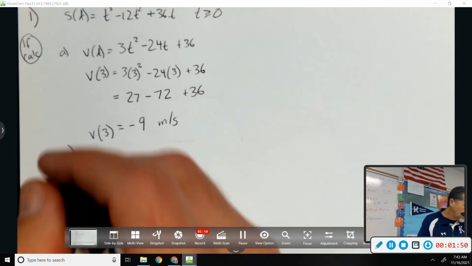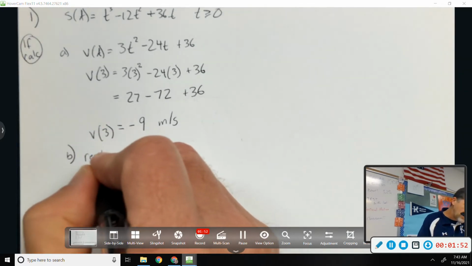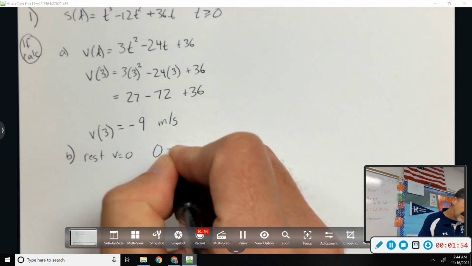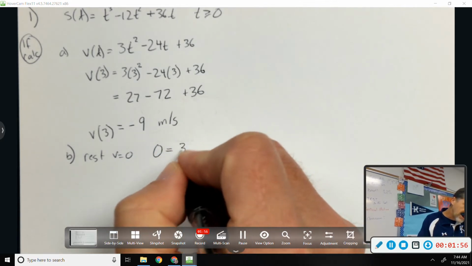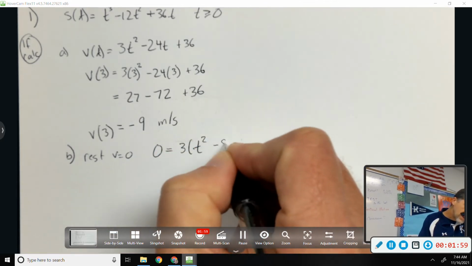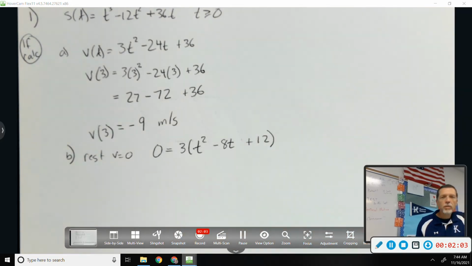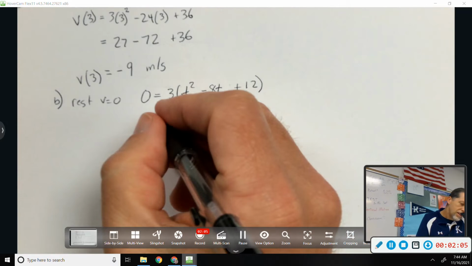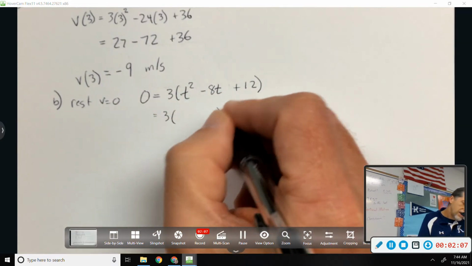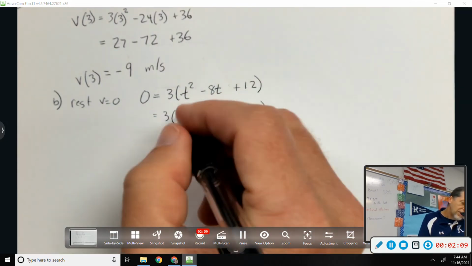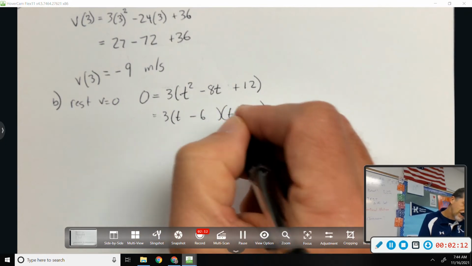When is the particle at rest? So rest would mean v equals 0. So I'm going to factor out a 3 and hope that the rest factors. Let's see, 6 and 2 look like good candidates.